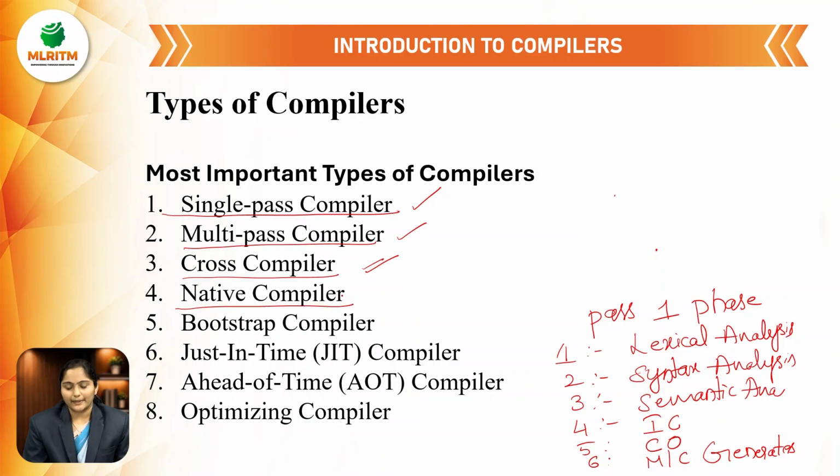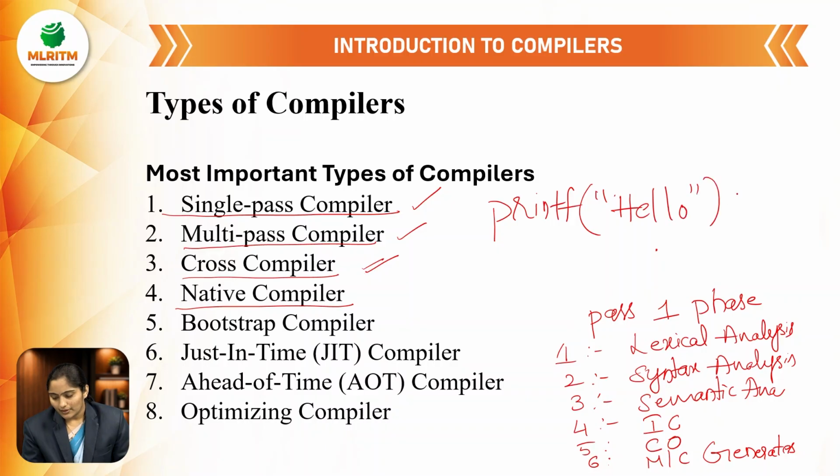And coming to the native compiler, this type of compiler runs on a computer and generates executable code for the same computer. For example, if we write C source code, printf hello, and the C compiler compiles this source code, you will get some .exe executable code.